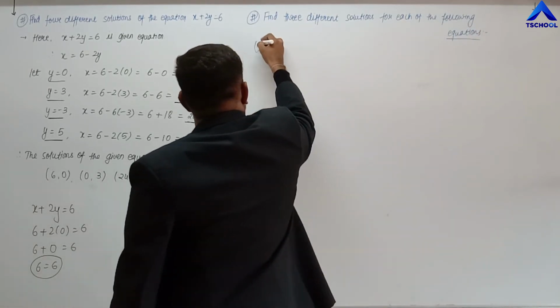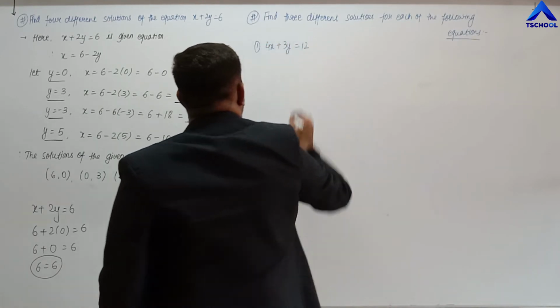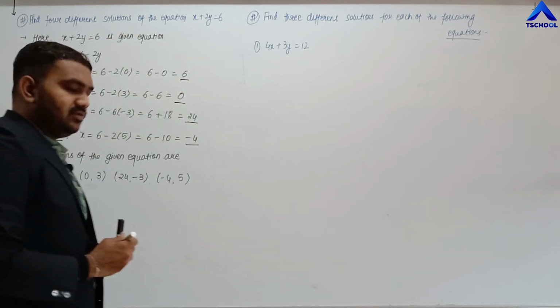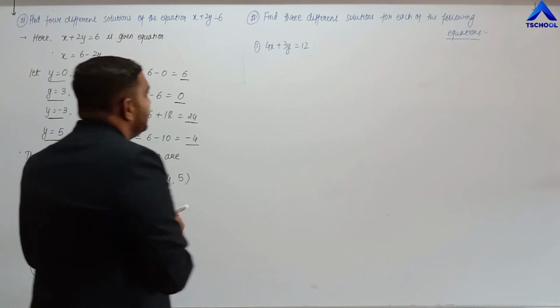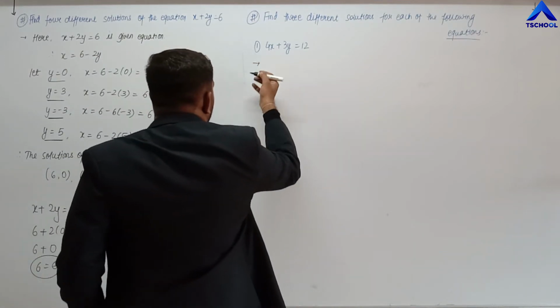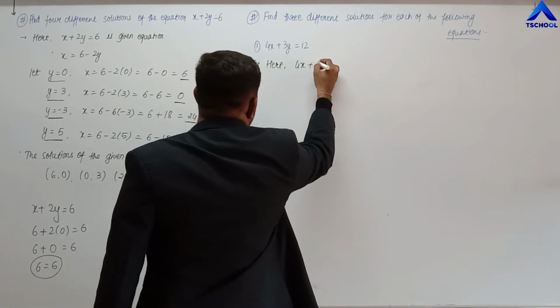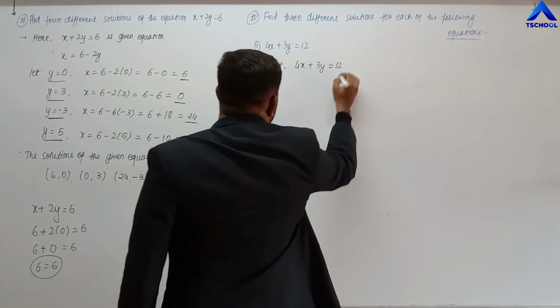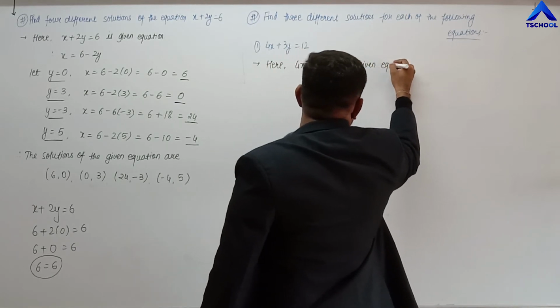The first one, 4x plus 3y equals 12. Right? Now, friends, here we shall write down 4x plus 3y equals 12 is the given equation.